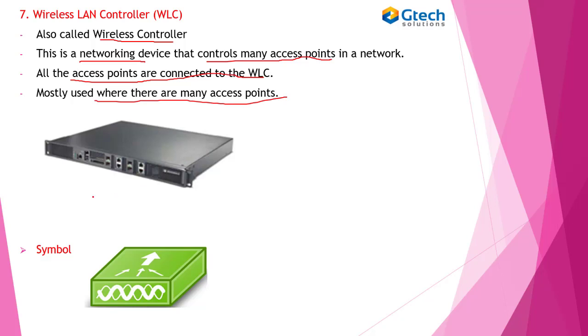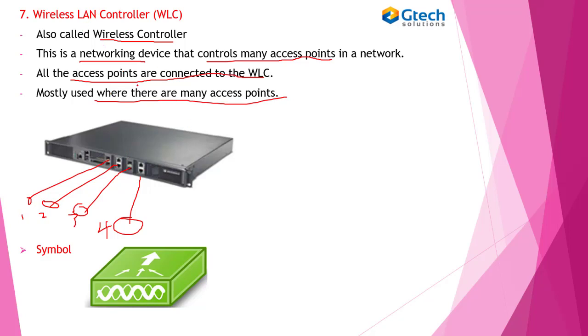So let's see, there are 3 access points. They are all connected to this wireless LAN controller. So these are APs, access points. They are connected to one wireless LAN controller.